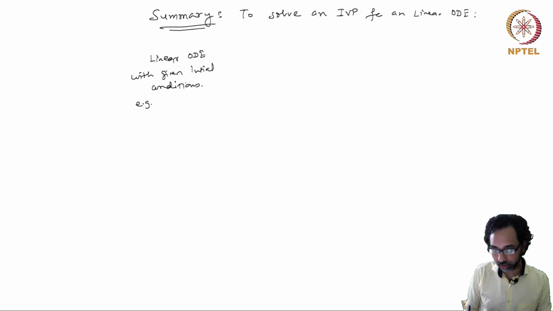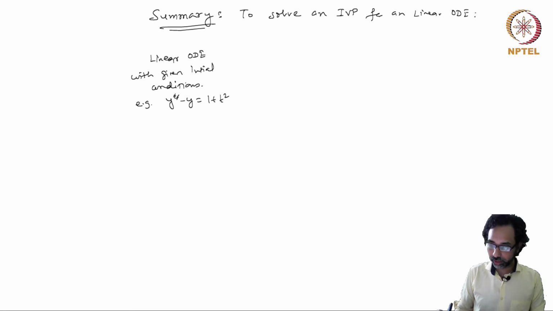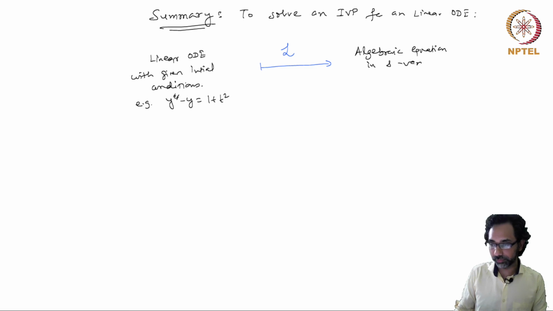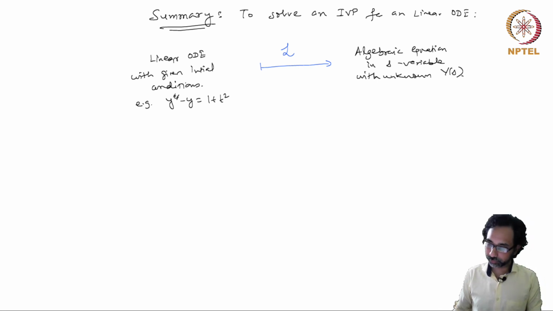For example, you can take our solved problem y'' - y = 1 + t^2, and then you can apply the Laplace transform on both sides, and you will get an algebraic equation in the s variable with unknown Y(s). Then you can solve this algebraic equation for Y(s).